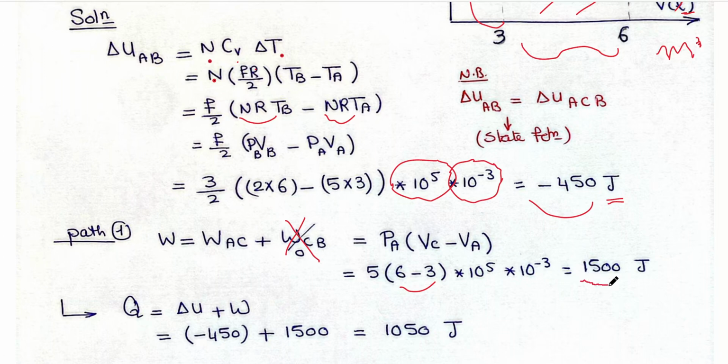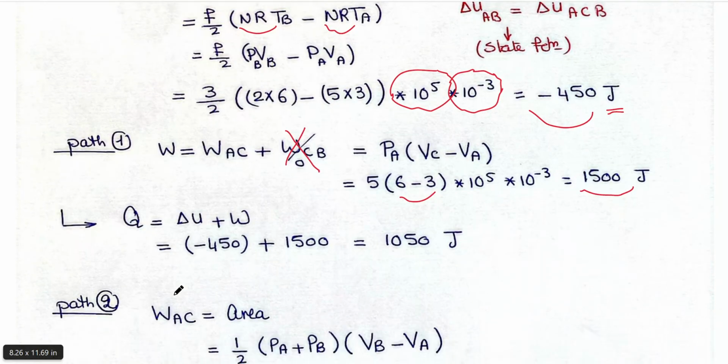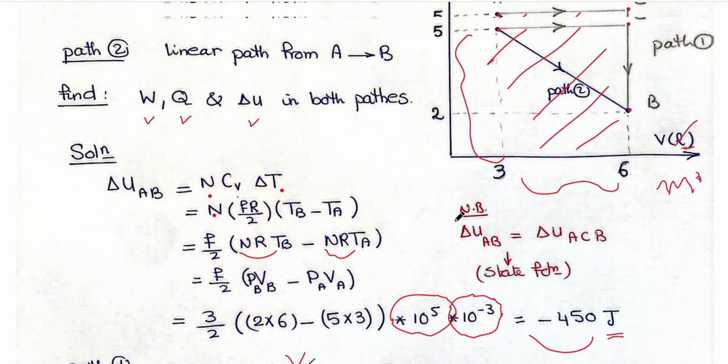Now we calculated the work on path 1. I can apply the first law of thermodynamics: Q equals delta U plus the work. Substitute the internal energy with its sign and the work with its value. You will get the amount of heat when you are using path number 1.